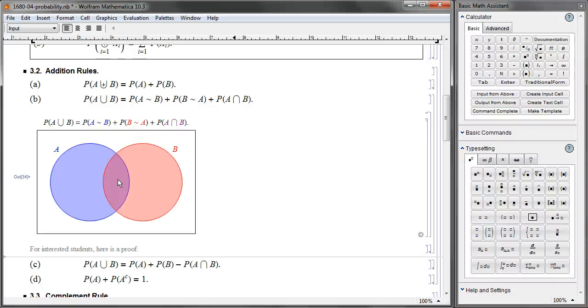As you can see, there's no overlap between those three, so we can add them up.